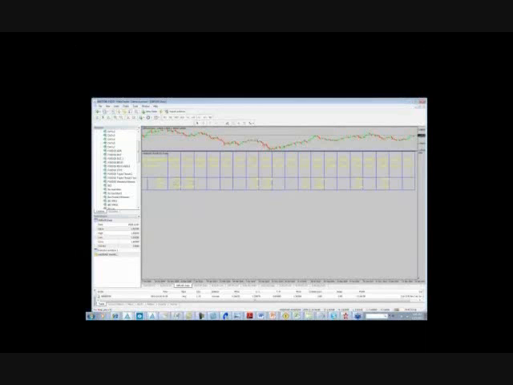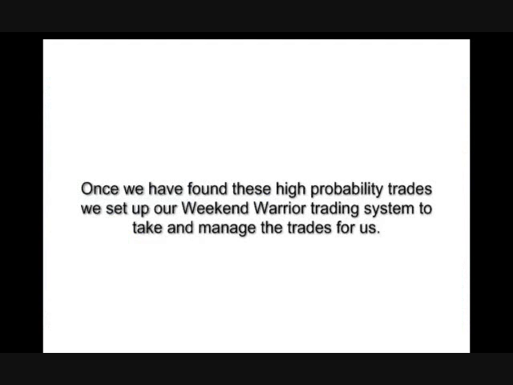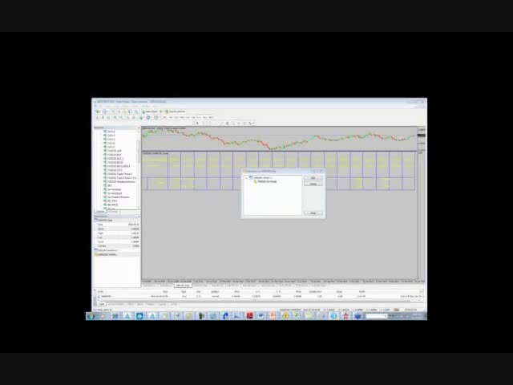Okay, so 27 pips on the euro dollar. We've got one on the dollar CAD. We have the dollar Swiss as well. Okay, 36.40.